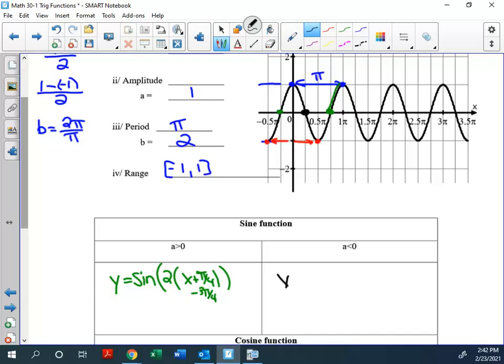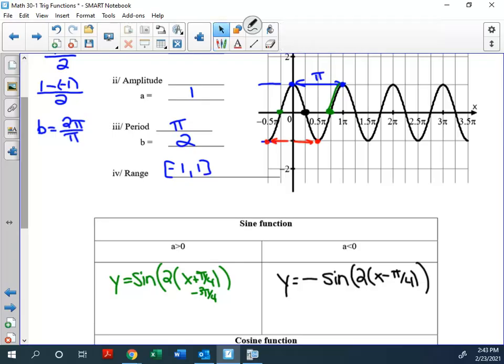So I would have had y is equal to negative sine, b value of 2. I would have gone to the right, pi over 4, and vertical displacement of 0. Did anybody have a different c value they want to know if it's right or wrong? Beautiful, you're all doing it my way. Perfect, that's the right way.